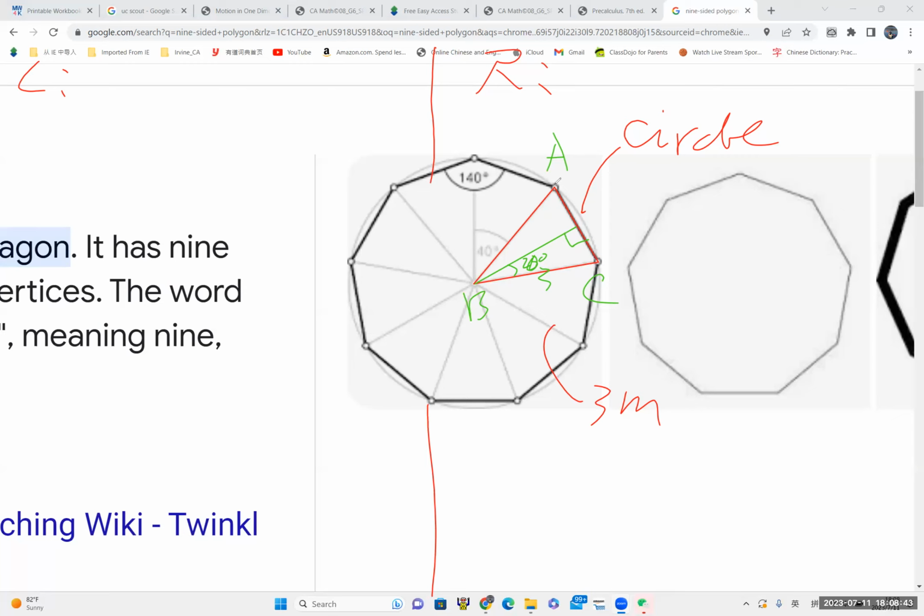The whole angle ABC is 40 degree. Half of them is 20 degree. Let me call this point D. Show some process and steps.